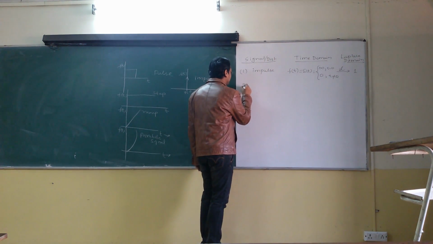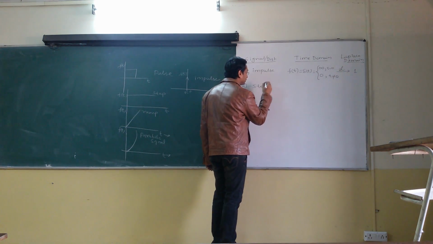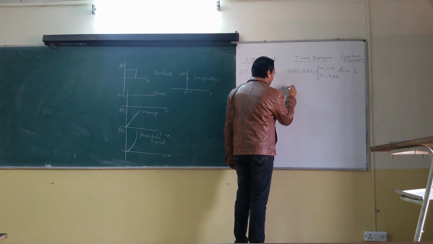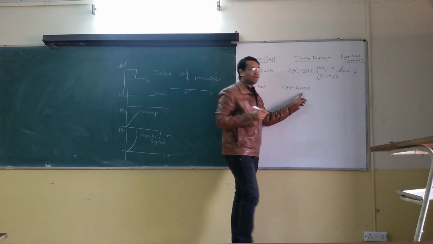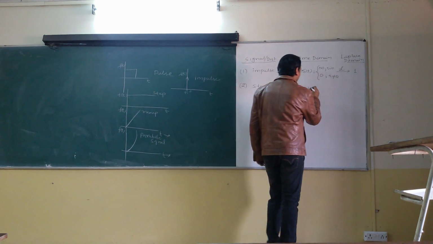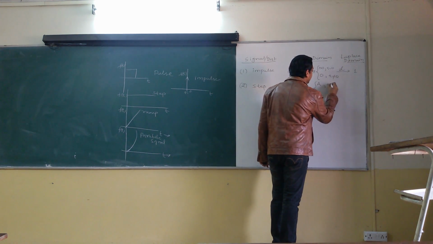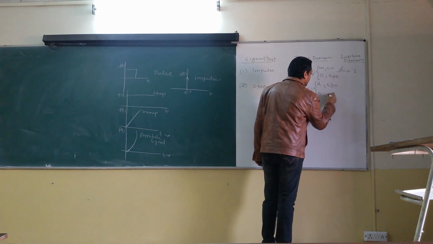Now, coming to the second type of disturbance, I am going to take a step. Here it is represented by f(t) equal to A multiplied by u(t). u(t) is the general standard notation for the unit step, and I have multiplied it with a magnitude A. So I am going to define it: it will be equal to A if t is greater than or equal to 0, and equal to 0 if t is less than 0.